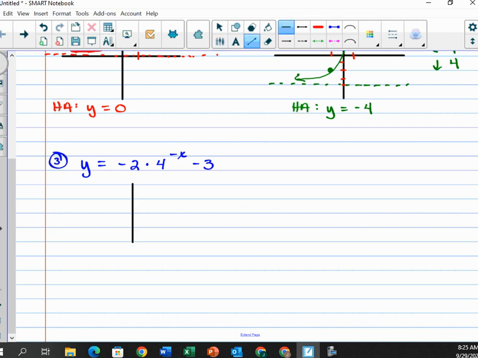So I want you guys to take a minute here, see if you can graph this one. I know we've got a lot of negatives going on. We know what happens with our negatives. What does the one in front do? Yeah, it flips over the x-axis. What does the negative up with the x do? Exactly, it flips over the y-axis. So clearly you're doing both of those things here. So give this one a try.